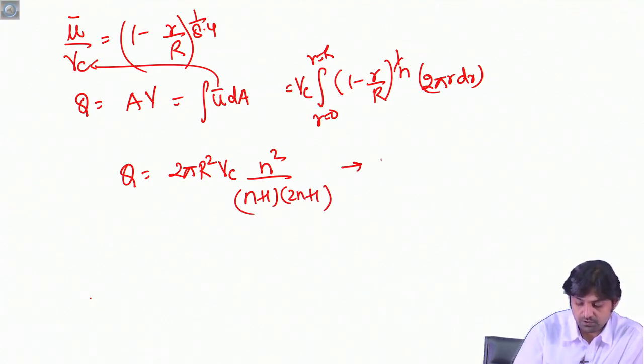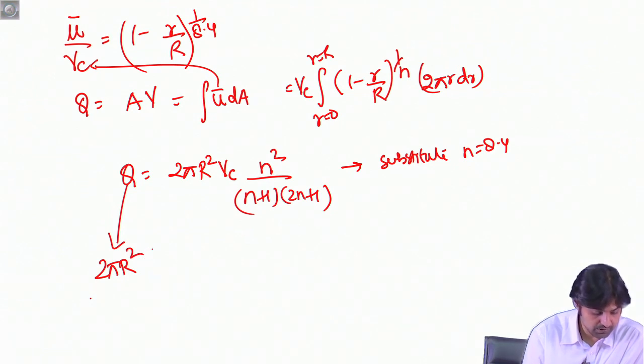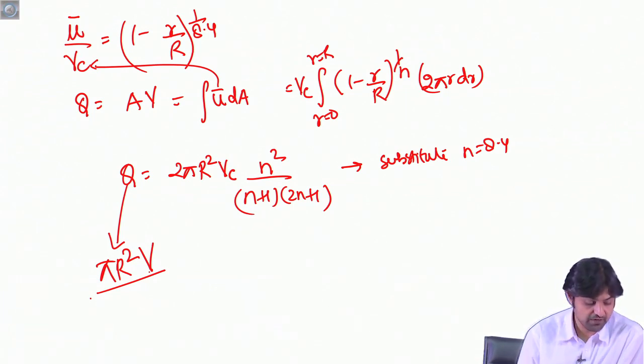Now we substitute n equal to 8.4. And this Q is also equal to, sorry, Q is not 2 pi R squared, this will be pi R squared into the velocity that we had obtained last time, that was 5.09, the average velocity.